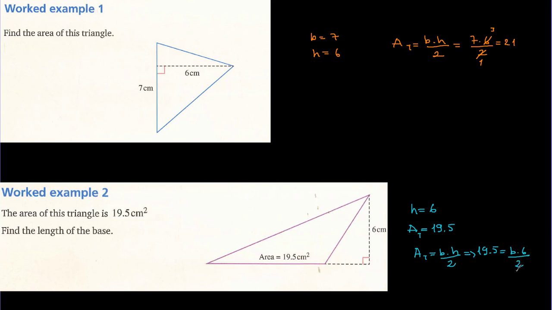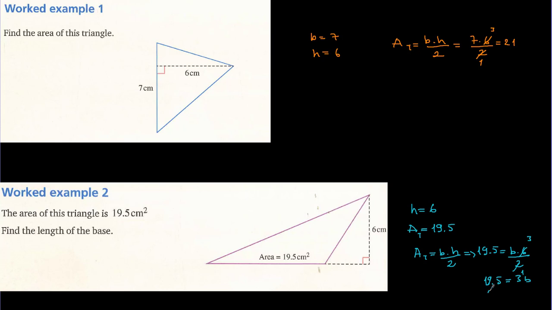Here, 6 and 2, you may simplify and you can get 3 and 1. So 19.5 is going to be equal to 3b, 3 times b divided by 1.